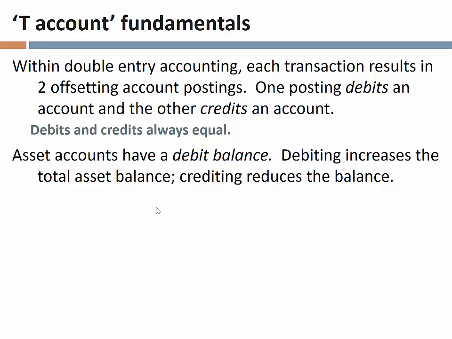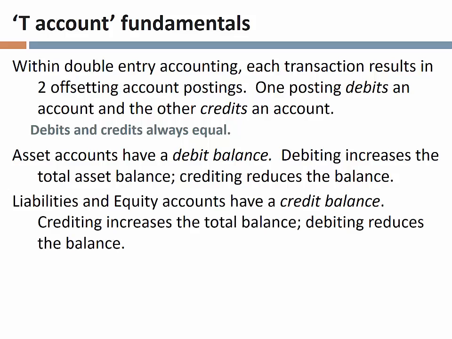At the end of the year, perhaps I depreciate or lower the value of that asset by $2,000. To make that happen, I would credit the account $2,000, which lowers the value of the asset from $40,000 to $38,000. That's the idea behind the way debits and credits work.